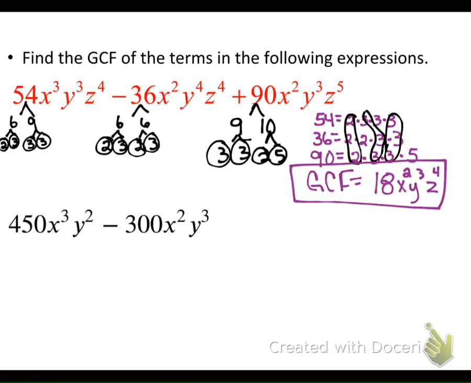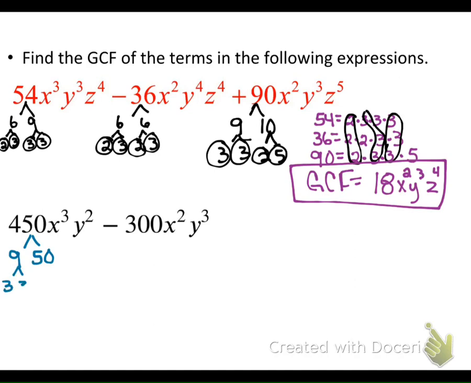Okay, let's look at the bottom one now. How many terms am I going to have to find the greatest common factor for in this expression? 2. Good. All right, AJ, what are your factors for 450? 9 and 50. Keep going. 9 is 3, 3.